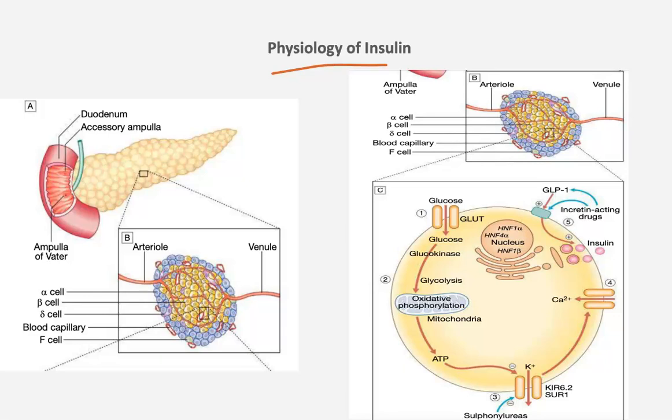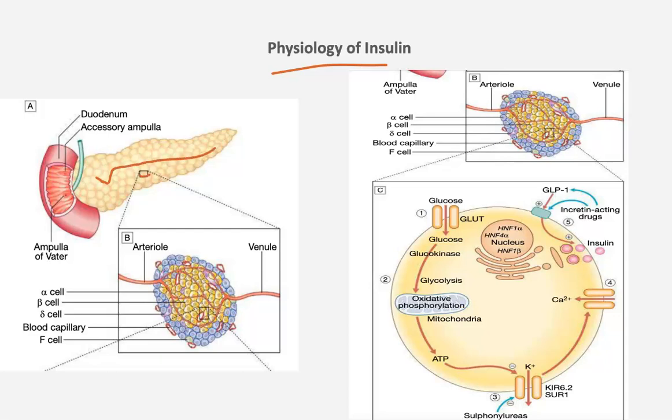So, in our body, there is a gland called the pancreas, which can perform both endocrine and exocrine functions. The pancreas contains about 1 million islets scattered throughout the exocrine parenchyma.